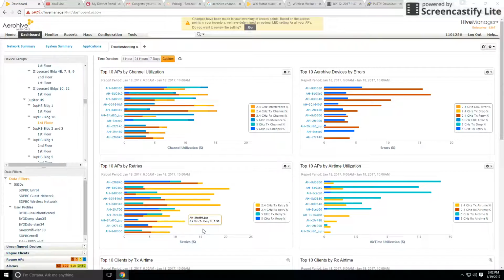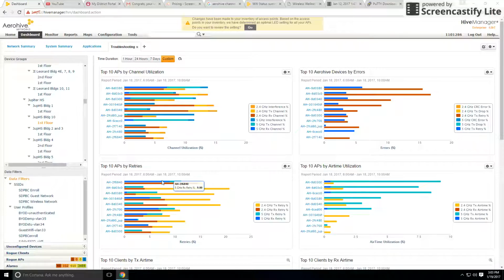If we go over here, all of a sudden we're seeing 2F6840, which doesn't even appear on this one, suddenly appearing on this one as top 10 by retries. So this is kind of showing us that sometimes there's a little bit of inconsistency here.